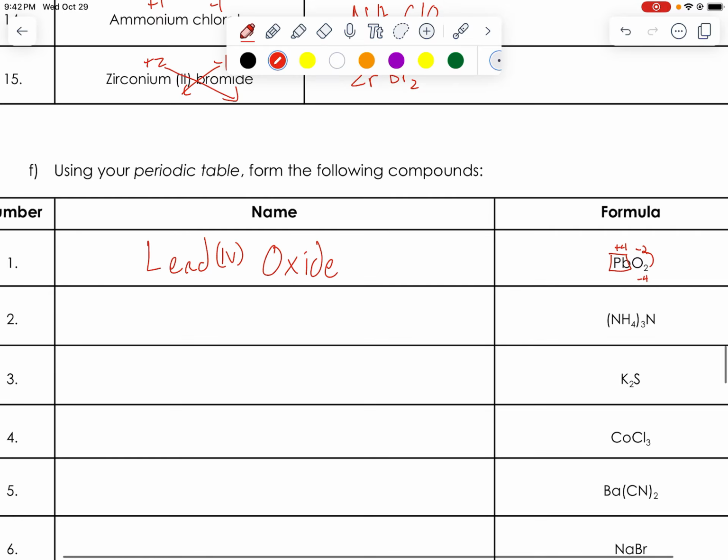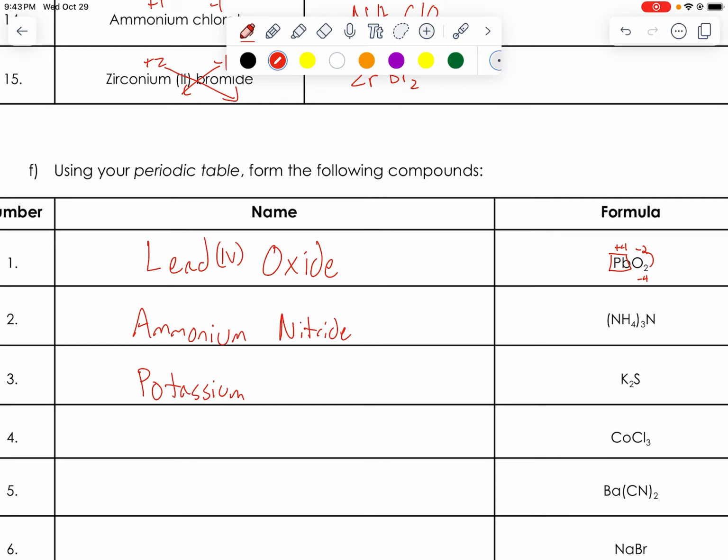Okay, NH4 we know is ammonium. How do we know? It's on the back of the table. N is just nitrogen, so we call it nitride. K is potassium. S is sulfur, so it becomes sulfide.